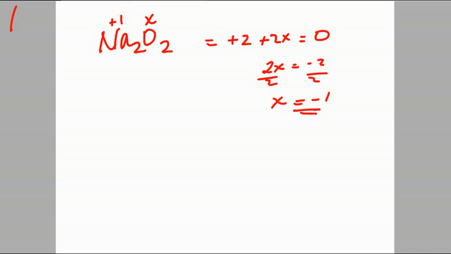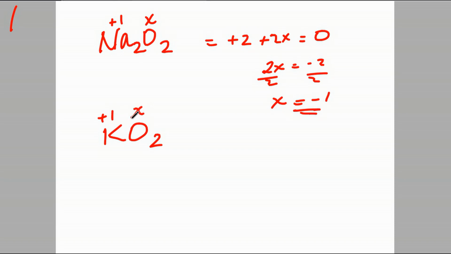Potassium superoxide, KO2. Similarly, the oxidation state of potassium, which belongs to group 1A elements, is +1.